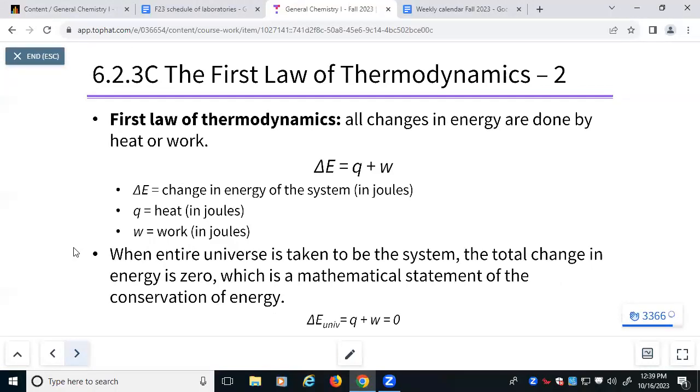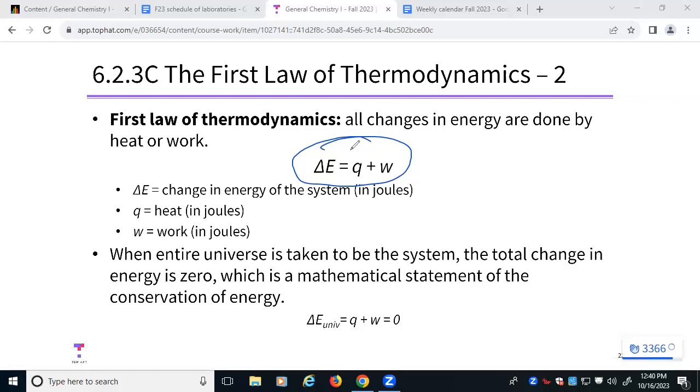Here's our first law. Our first law is kind of twofold here. First of all, we get ourselves an equation, and this equation links together the three types of energy we've talked about thus far. We've talked about the idea of internal energy, delta E. But now we can see that in terms of heat and work, internal energy is simply the sum of those two, heat plus work.